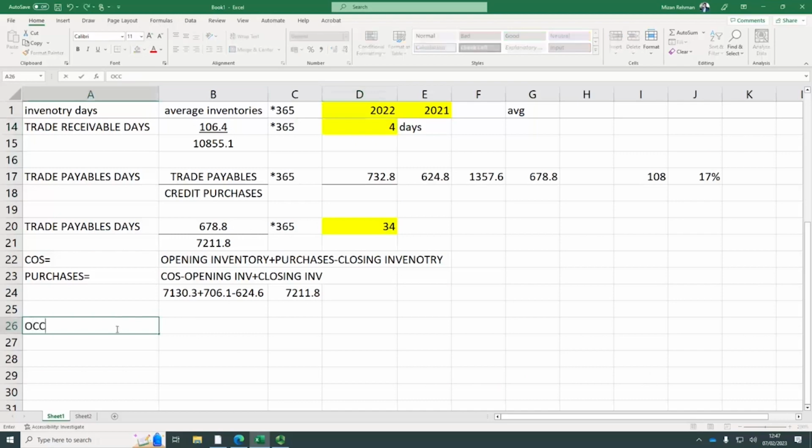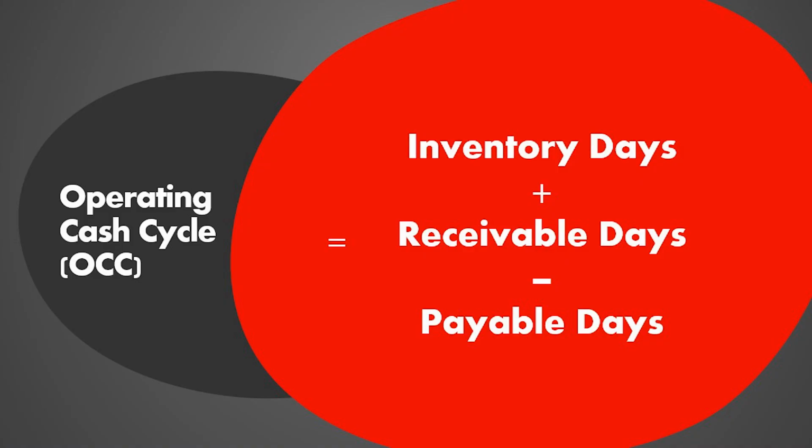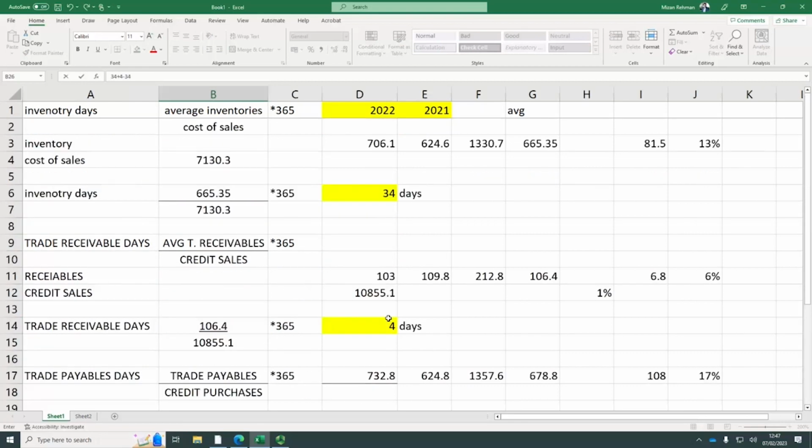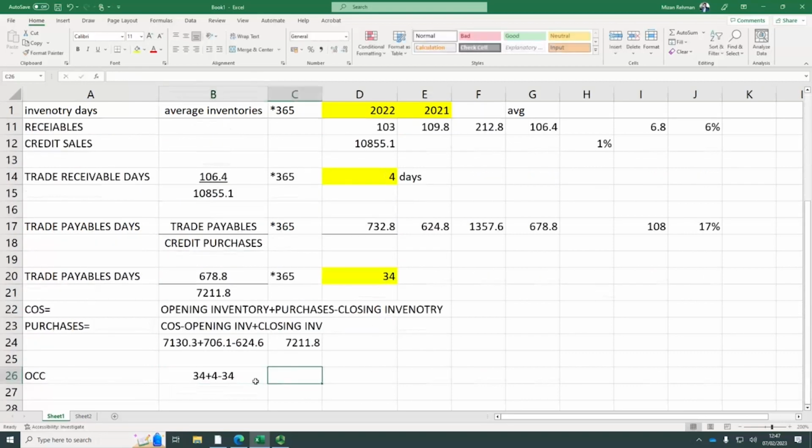OCC for M&S guys is 34 plus 4 minus 34. And that is 4 days.